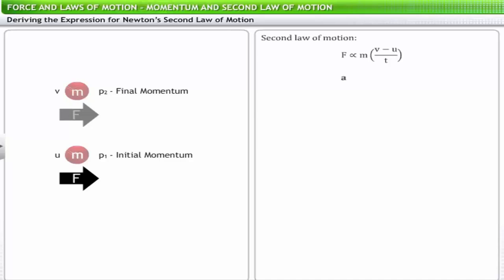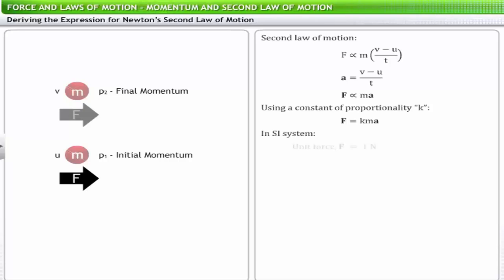The acceleration a of the ball is the ratio of change of velocity (v - u) to time t. Hence, we can write this relationship as F is proportional to ma. We use a constant of proportionality, k, to equate this relationship. Therefore, F = kma.